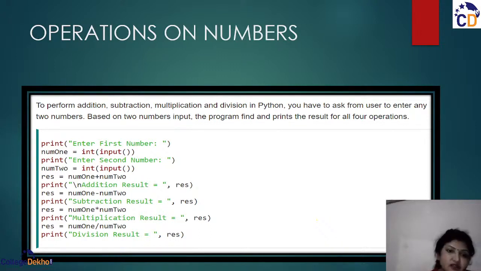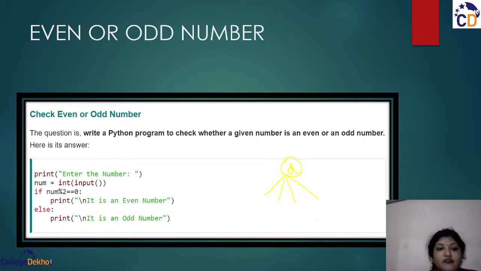So this is how we have different operators and we can perform different operations on numbers, right? Then the next part we have is even or odd number, or prime or not prime. So how do we write this kind of program with the help of an if else statement?